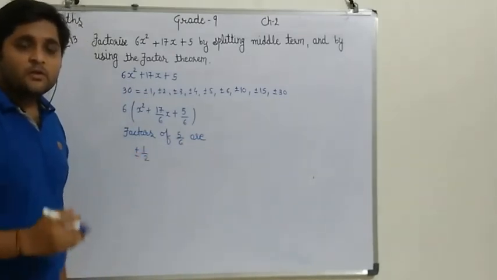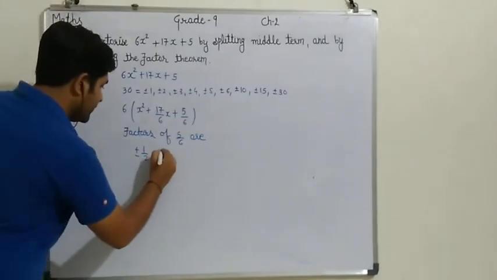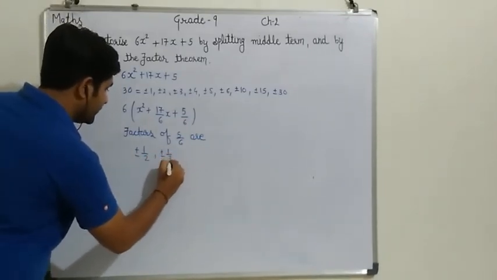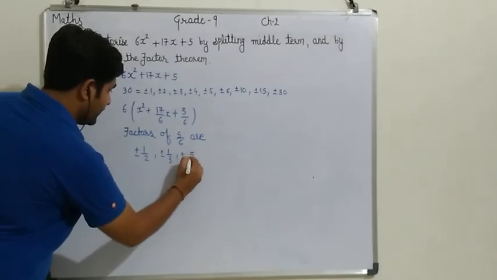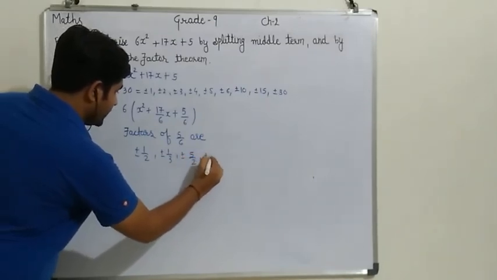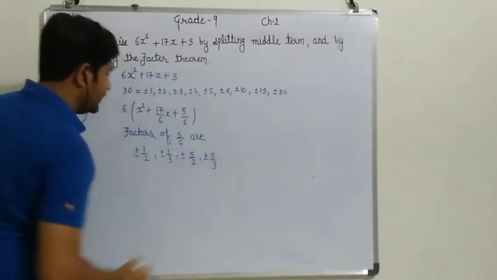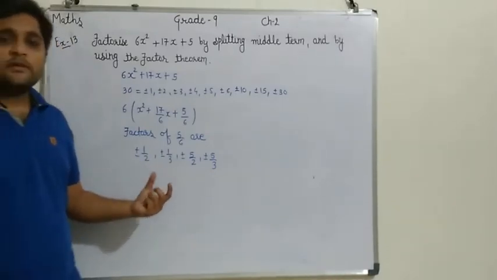Factors of 6 are 2 and 3, so plus minus 1 by 2, plus minus 1 by 3, plus minus 5 by 2, plus minus 5 by 3. So these all are the factors of 5 by 6.